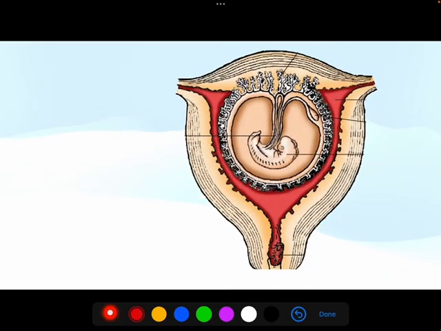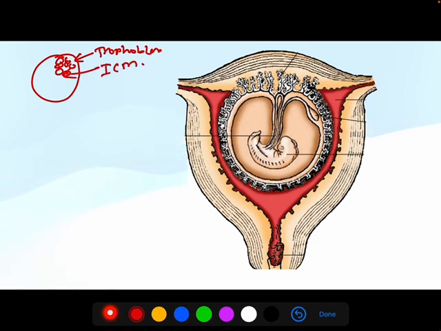Moving ahead, once this blastocyst gets implanted into the uterus, we had seen that there are two cell masses. This is the trophoblast, and we had this inner cell mass. The trophoblast will form chorionic villi. These are the outgrowths which will embed into the uterine tissue.